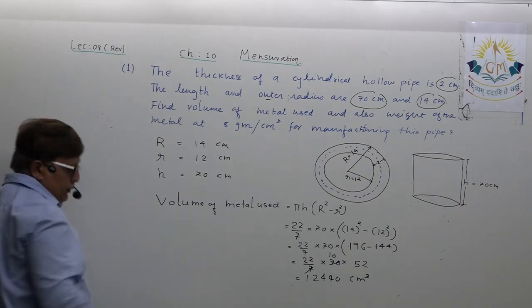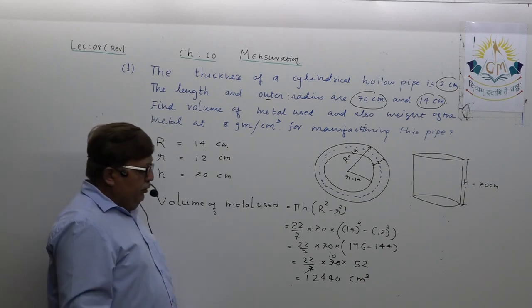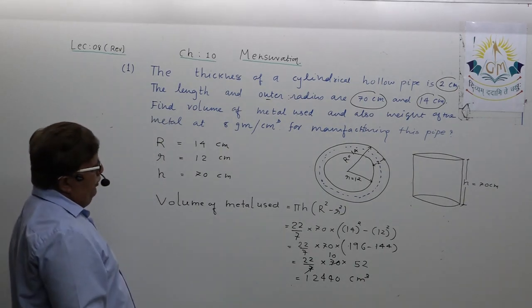This is the volume of the metal required to make the pipe.